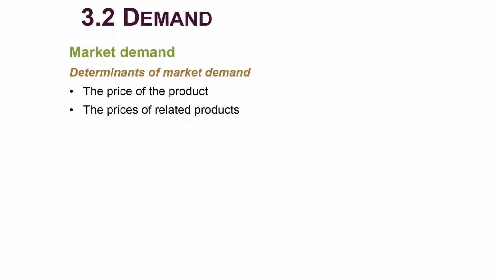The second factor is the price of related products. Our plans to purchase any product depend on the prices of other related products. For example, in the case of complement goods, which are goods that are used together or jointly, a household would purchase tomatoes in relation to the bread and other ingredients that he or she wants to use in making a sandwich.